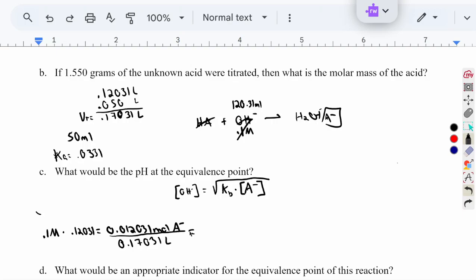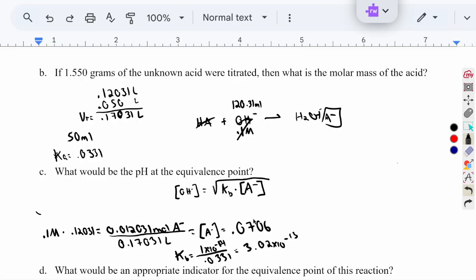And that's going to give us A minus concentration equal to 0.0706, etc. Kb equals 1 times 10 to the negative 14 divided by Ka, and that's going to give us 3.02 times 10 to the negative 13.